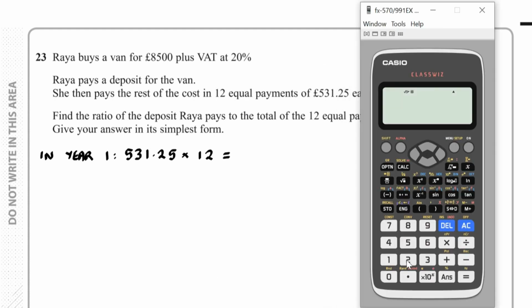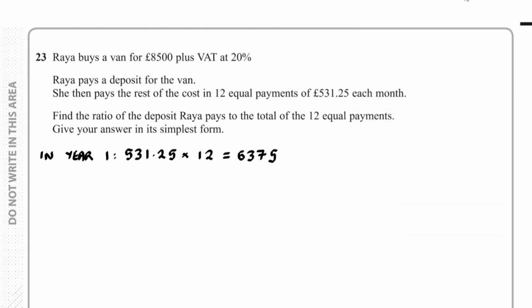So we end up with 6,375. So what does this number represent? Well, it represents the total of the 12 equal payments.